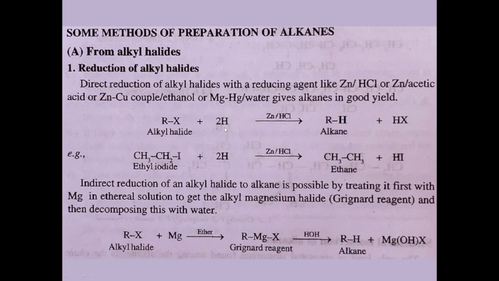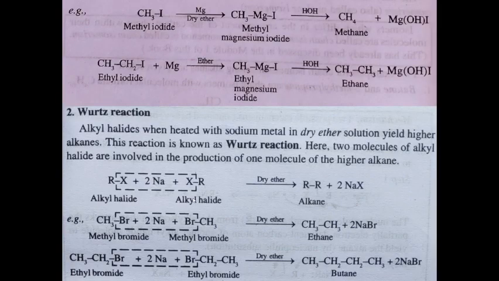So here we have taken alkyl halide RX reacting with metallic sodium, 2Na plus 2RX, and in dry ether we get R-R, an alkane. So 2 carbon atoms are there instead of 1 carbon atom present in the alkyl halide.